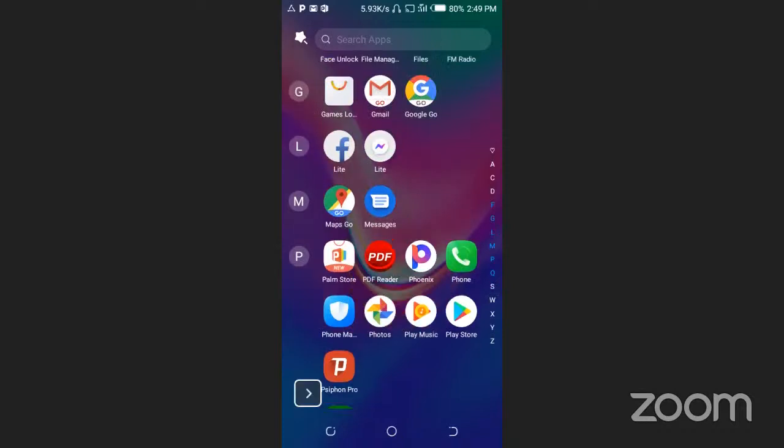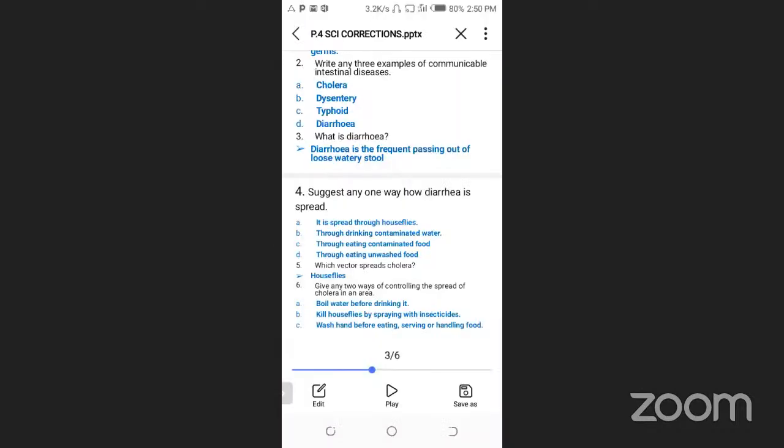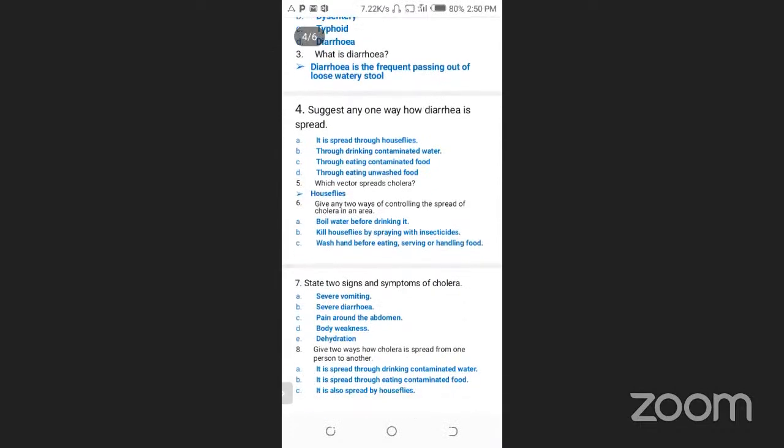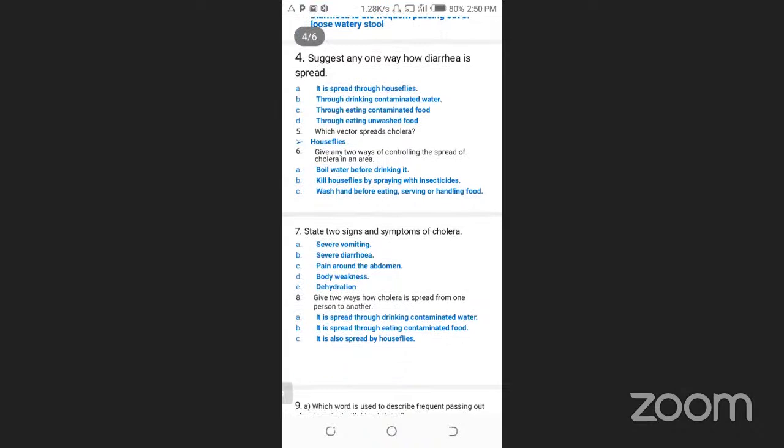Okay, good. You can see how cholera is spread here. One, it is spread through drinking contaminated water, which we have already explained. It is also spread through eating contaminated food, which we have already explained. And also we are saying it is spread by houseflies. Those are some of the ways.